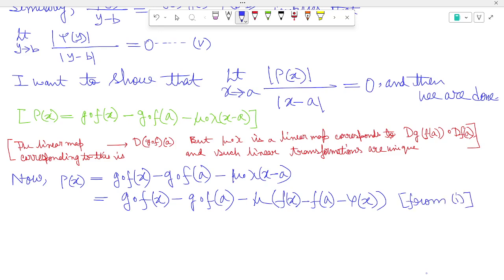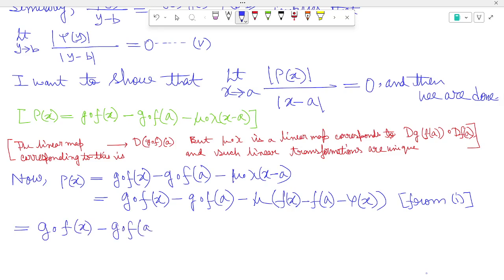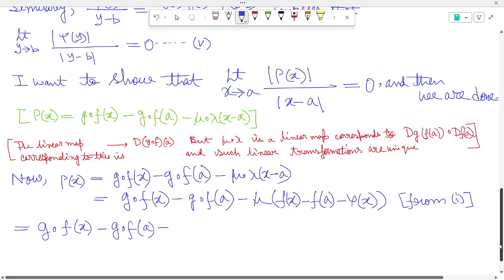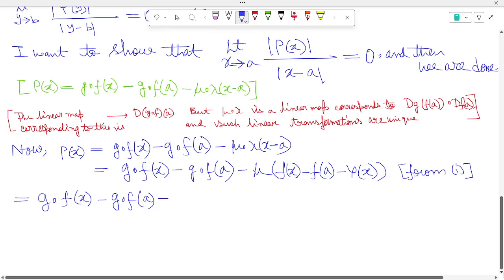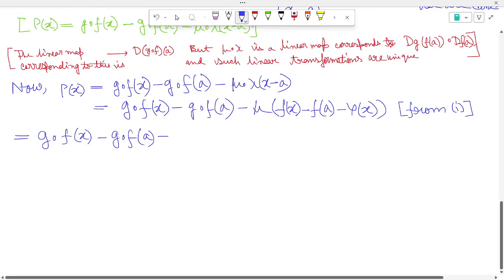From 1. Now you know that mu is linear. Mu is a linear transformation. So mu will break. So that will break.